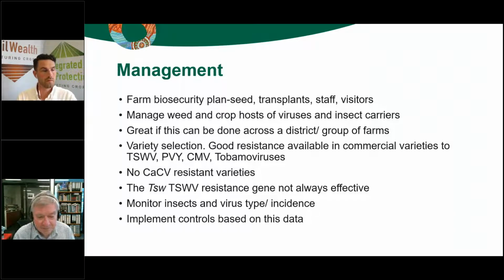We need to monitor insects and also find out what virus we actually have in the crop. So if you know what insects are around, what virus you have, then you can decide sensibly on what controls you really need. That may involve insecticides, or in other cases, there'll be very little use because they either won't work quickly enough, or it could be a TSWV virus which is spread by contact.